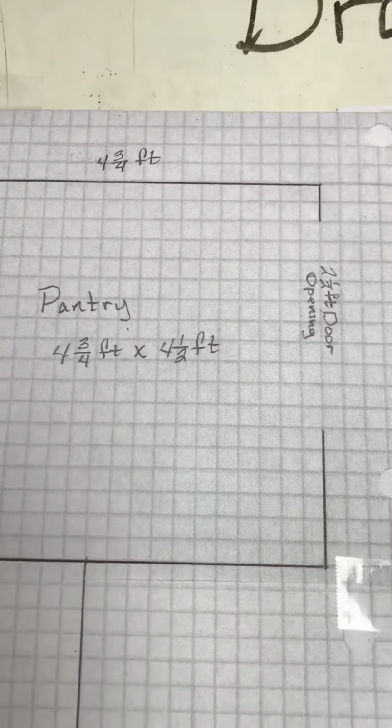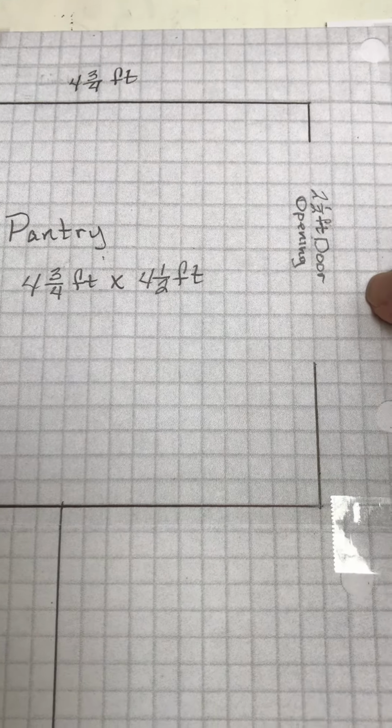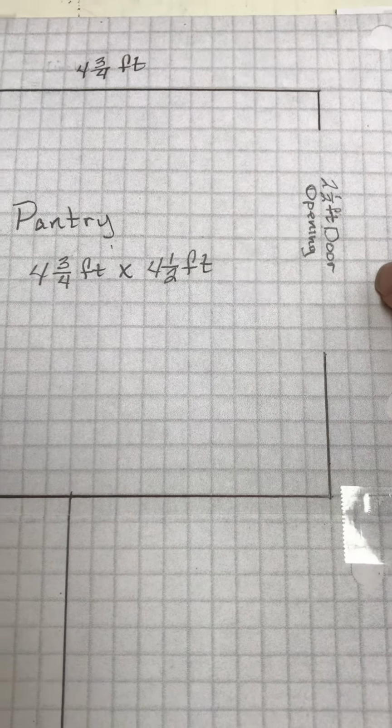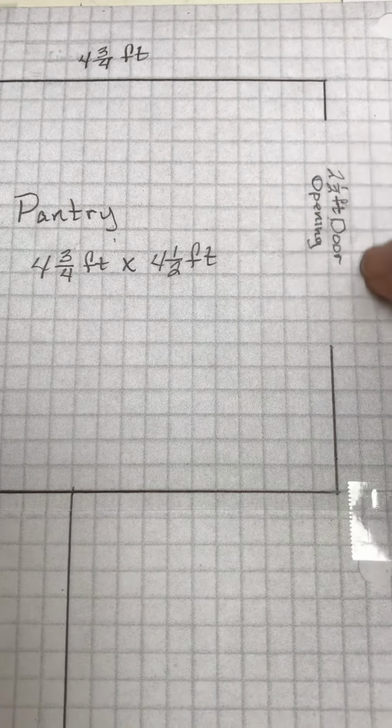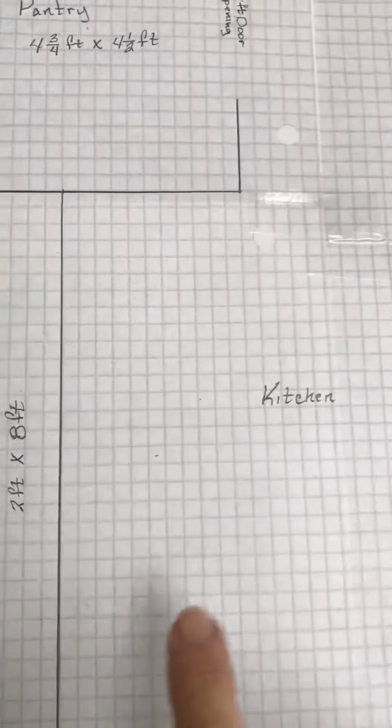Now, leaving my pantry or entering into my pantry, there is a 2 1/2 inch door. So I labeled that I've got a door opening there. Then from my pantry, you come into my dining room, and there's an opening that's 3 1/2 feet that would lead into my laundry room, and is also attached to my kitchen.